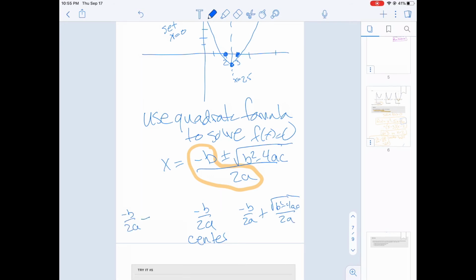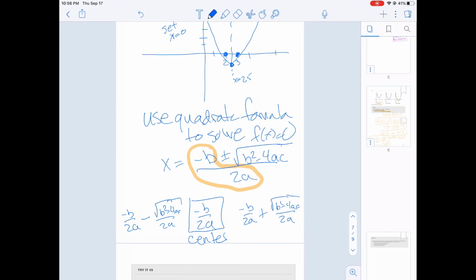And the other one is minus b over 2a minus the square root of b squared minus 4ac all over 2a. So we get those 3 points: the vertex in the middle, and to one side, the square root of b squared minus 4ac over 2a to the right, we get one zero, and to the left, we get the other zero.